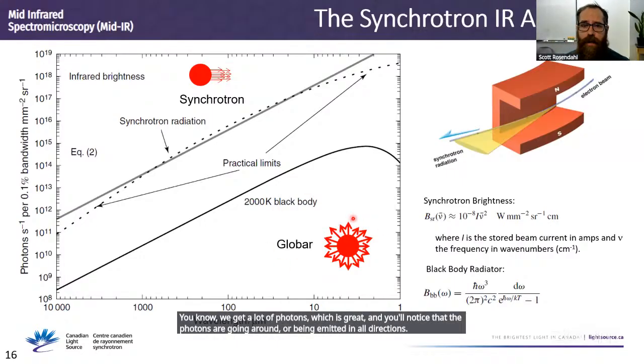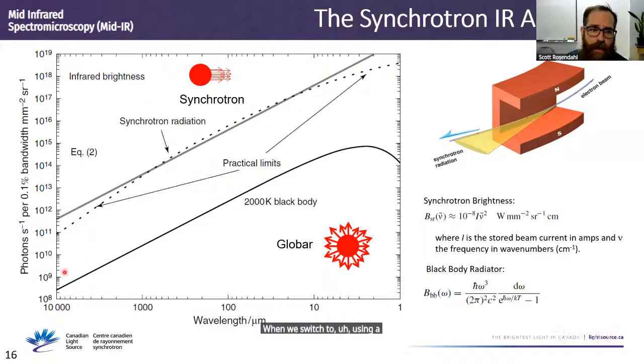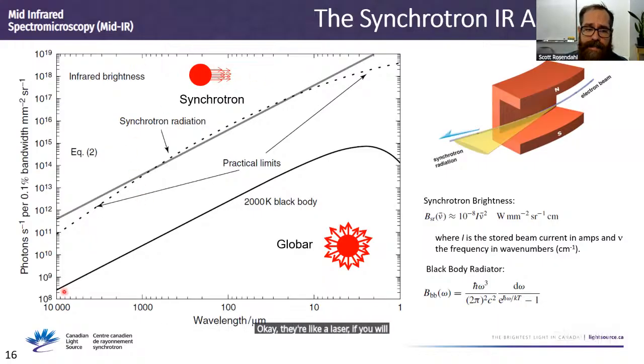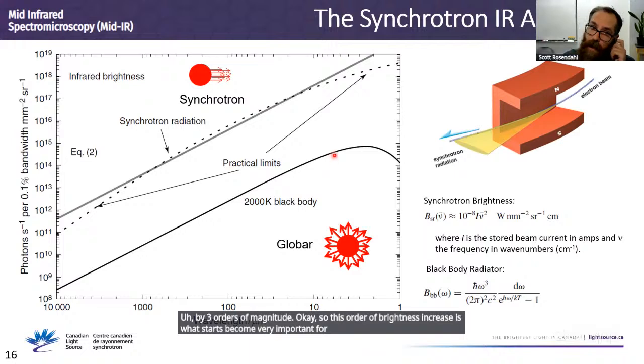When we switch to using a synchrotron, you'll see that the photons are very much focused, going in one line, very like a laser, if you will. And we see an increase in brightness by 3 orders of magnitude. This increase in brightness is what becomes very important for the synchrotron.